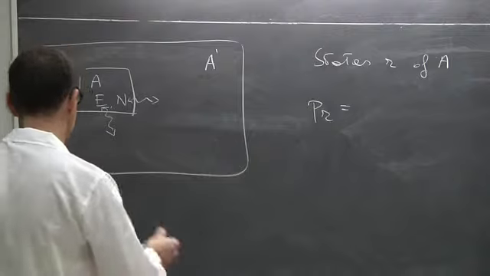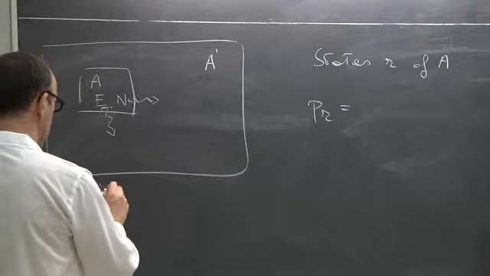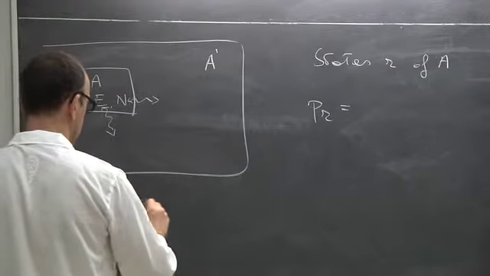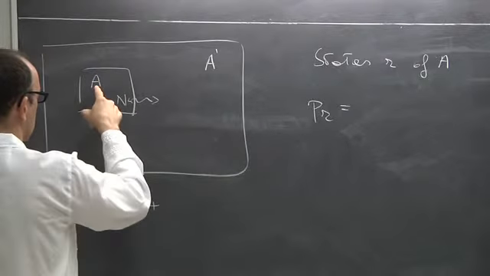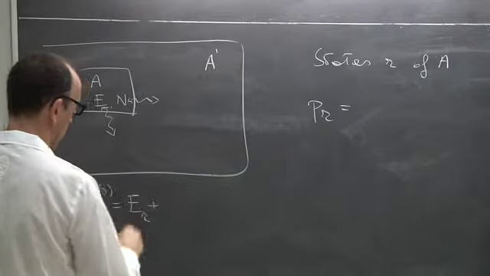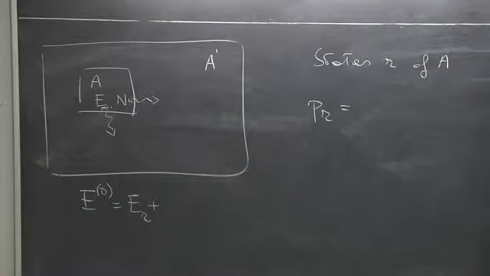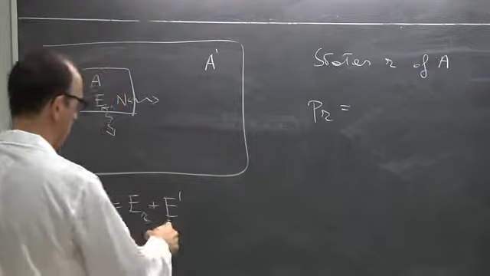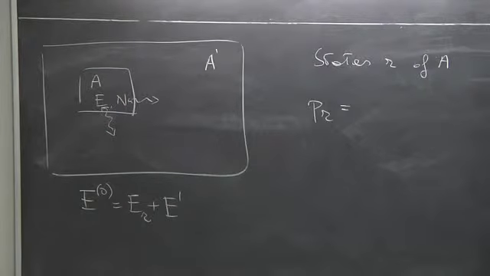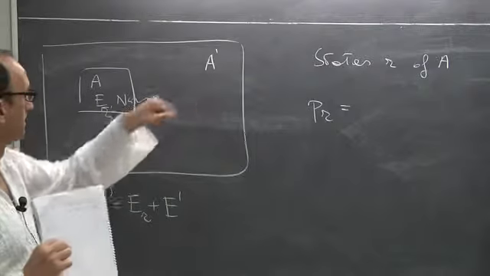And we know that the energy of the combined system will be the energy of A, which we call ER if the system is in state R, and the energy of the heat bath.